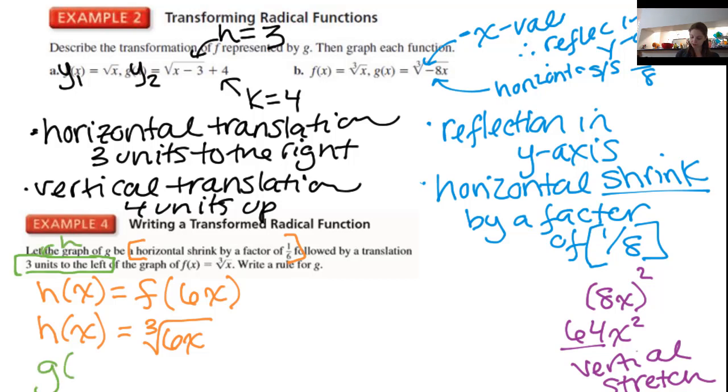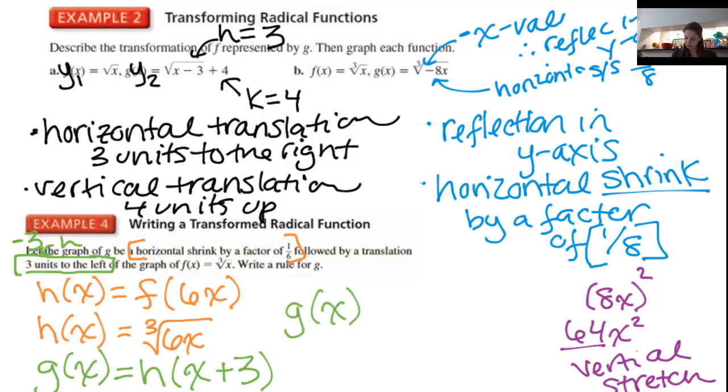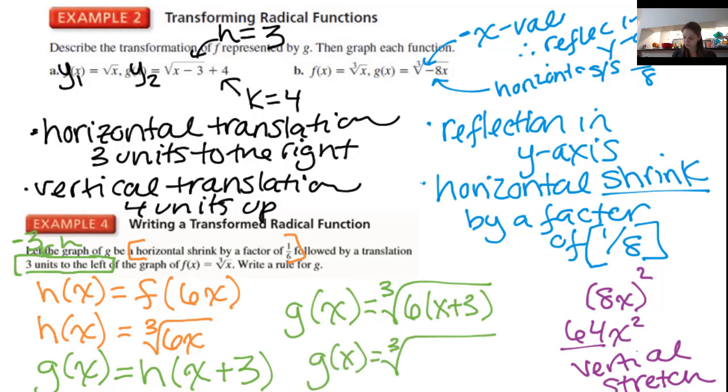So g of x equals h of x minus 3? Is that 3 units to the left? Sorry, that's an h value of negative 3. This will be plus 3. And so g of x equals the cube root of 6 times x plus 3. G of x equals the cube root of 6x plus 18.